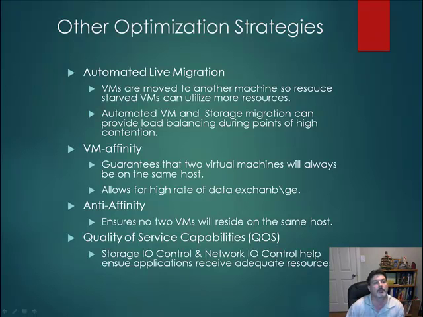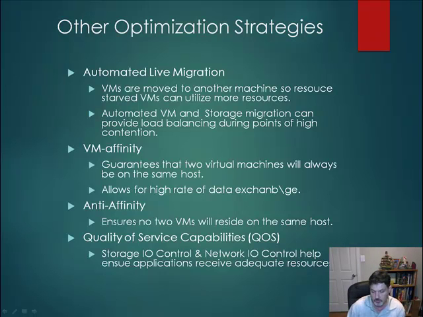If I am more worried about resource contention between two VMs, I may opt to use anti-affinity. Anti-affinity does just the opposite of VM affinity. It ensures that no two VMs will reside on the same host.